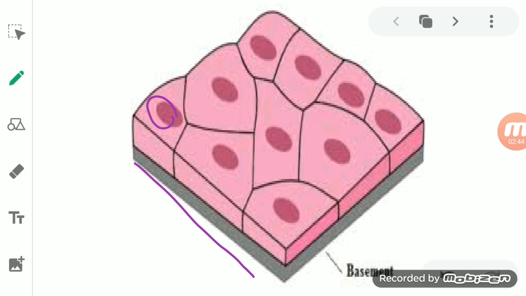They lie on a non-cellular membrane that we call a basement membrane. So it is like a continuous sheet, since it does not have intercellular spaces between them.